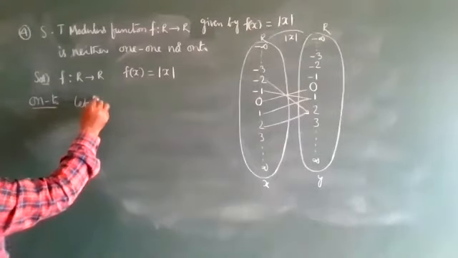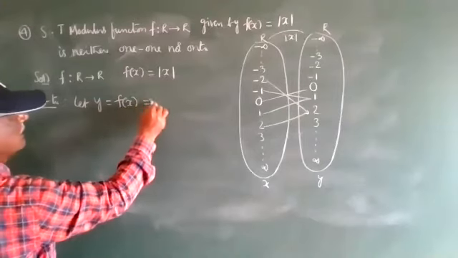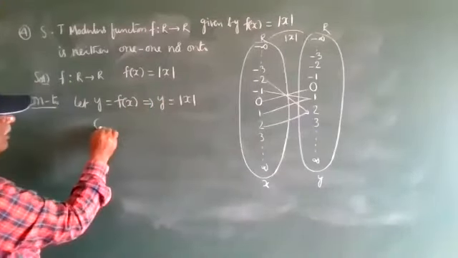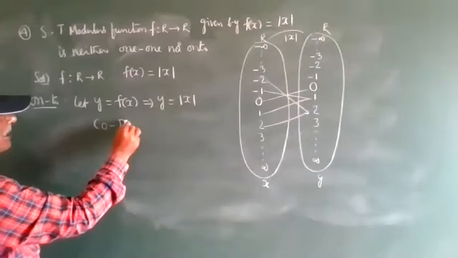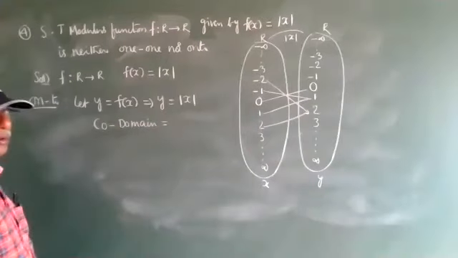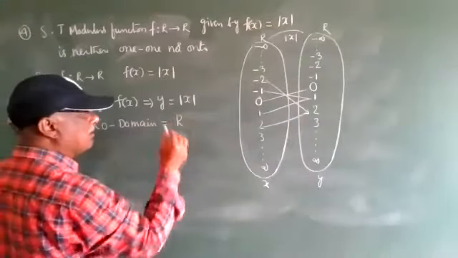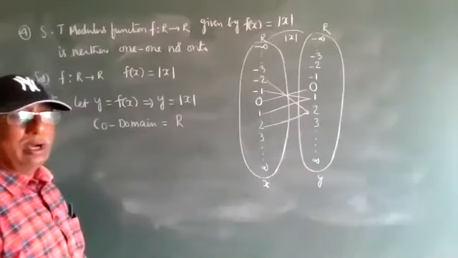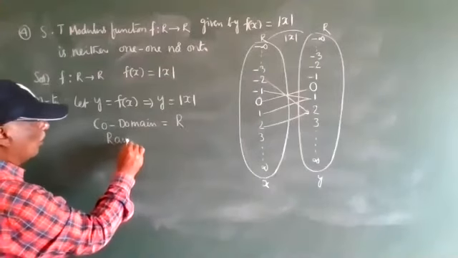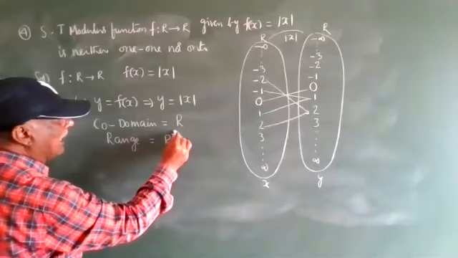Let y be equal to f of x, that is, y is equal to modulus of x. Immediately write down: codomain is equal to all the real numbers, meaning positive, negative, all real numbers. But range is equal to only positive real numbers.